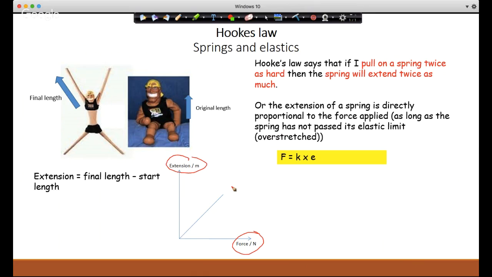If that was a 6-marker, make sure you talk about the independent variable of the masses you're adding, the dependent variable of the extension, and a control variable could be using the same spring each time.